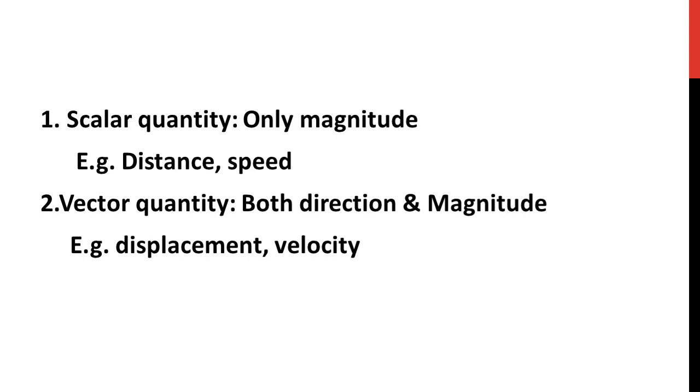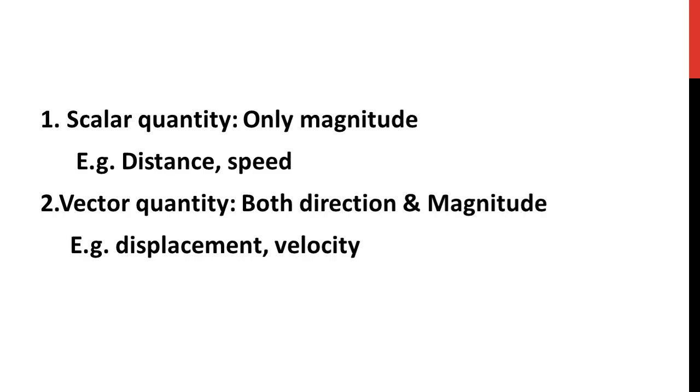So we are just covering the magnitude, but we are not taking into consideration the direction in which we are walking or traveling. That is called a scalar quantity. A scalar quantity has only the magnitude. It will not measure the direction in which we are traveling or moving. Examples of scalar quantities are distance and speed.